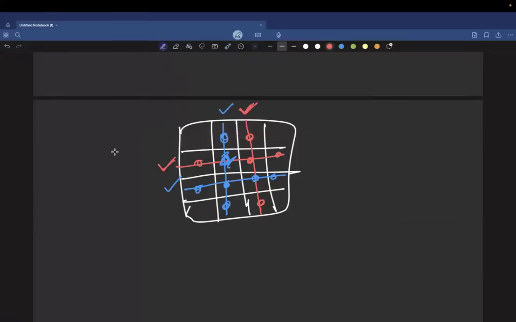So since there have already been two cells chosen by both Alice and Bob, there will be two cells in the same row which are already colored and two cells in the same column which are already colored, right? So can I say that two cells in the same row and two cells in the same column would be sort of uncolored, and then you will color them with your color? Yeah, I can definitely say this.